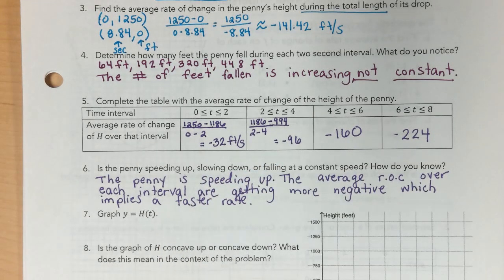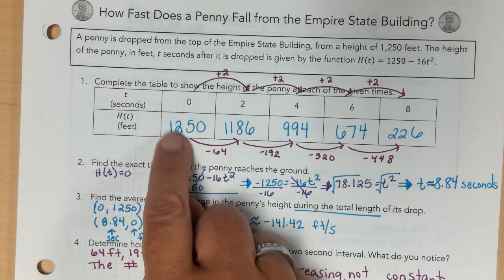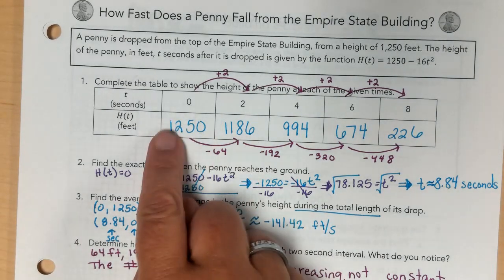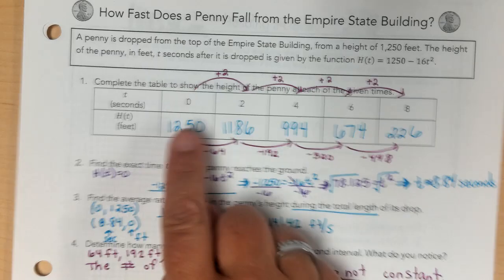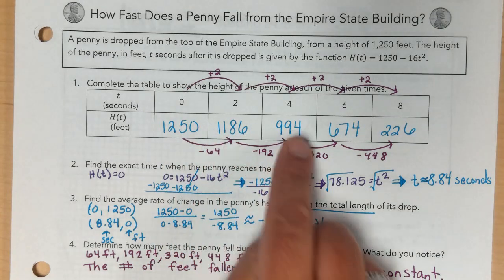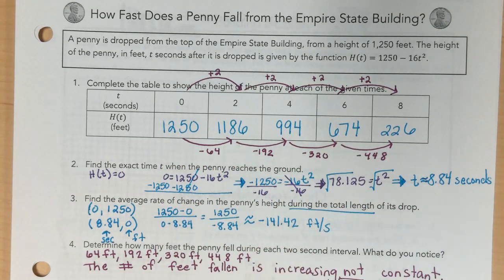So if I have a faster rate, what kind of rate do I have for a line? A constant rate. So if I have a faster rate, I know that I don't have a line, but how do I know what I do have? Well, this is when we go to what Amari said. To go from one interval to the next, I was adding or subtracting 64, then I subtracted 192, then I did 320.